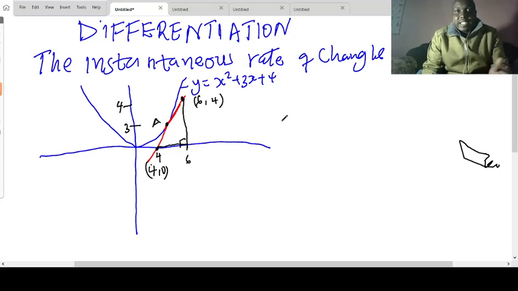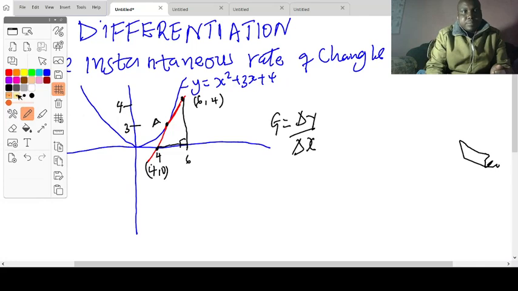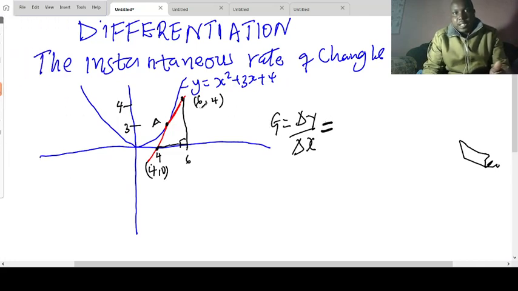So you just say gradient is equal to change in y over change in x. So the change in y, that is 4 minus 0, divided by 6 minus 4.